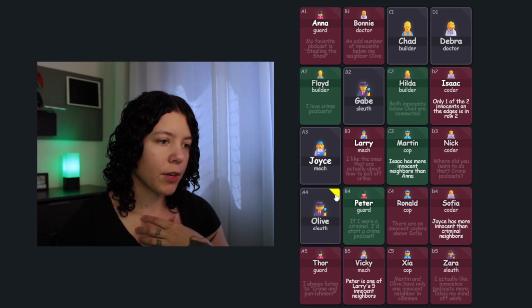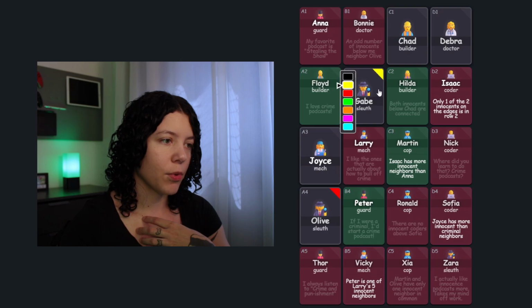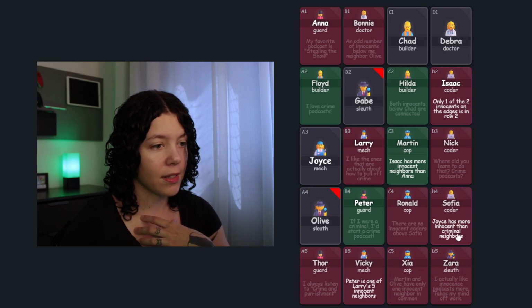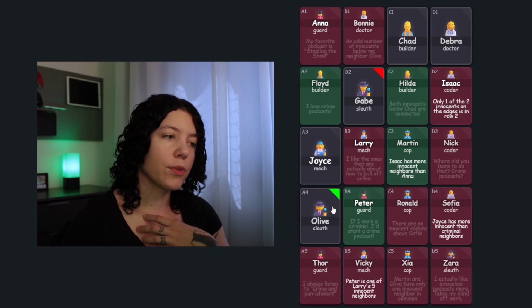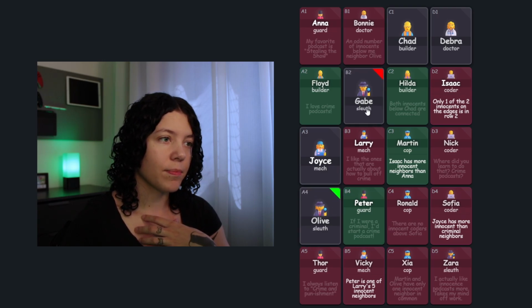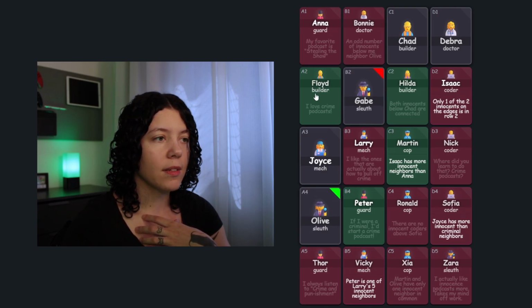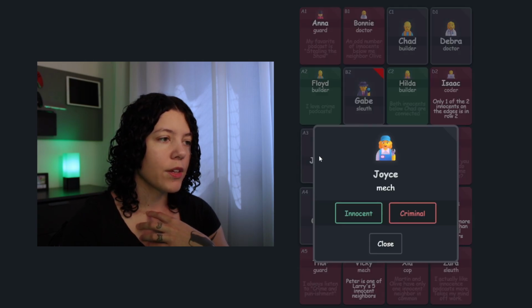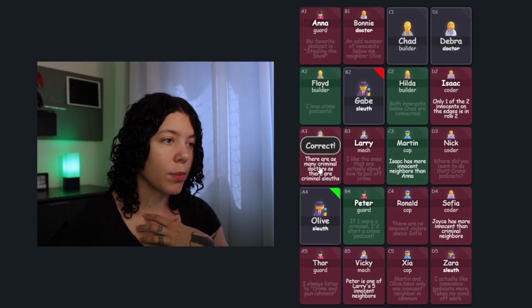If both of them are criminal, let's say both Olive and Gabe are criminal, then she would have more criminal neighbors than innocent ones, and that's not what the clue says. It says that she has more innocent neighbors than criminal ones. So one of these people has to be innocent, because then there would be 3 innocents and 2 criminal ones. So Joyce has to be a criminal herself.